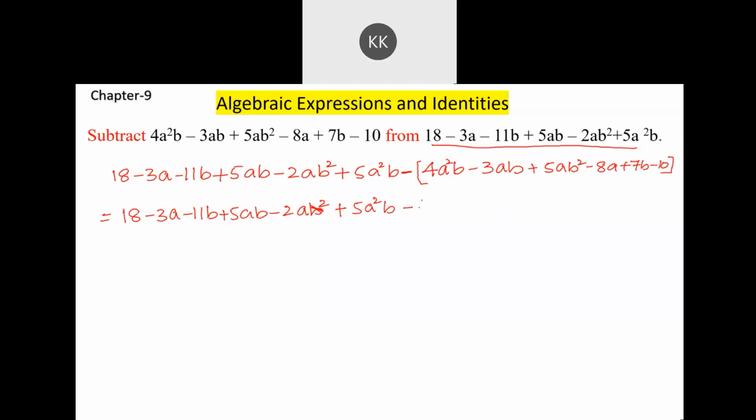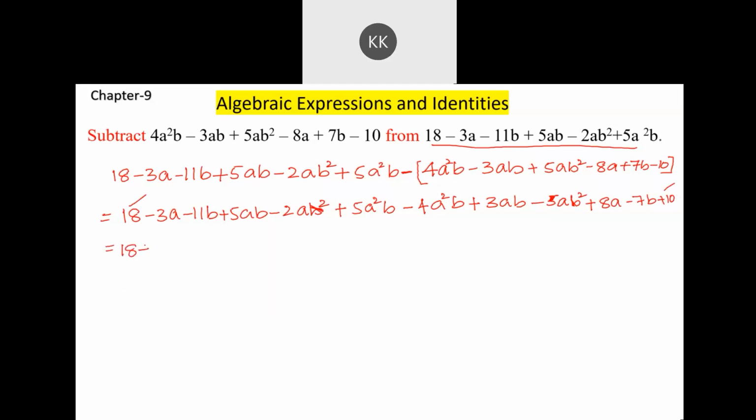Now minus 4a square b plus 3ab minus 5ab square, plus 8a, minus 7b, plus 10. Now we have to search for the like terms. 18 and plus 10, they are like terms.